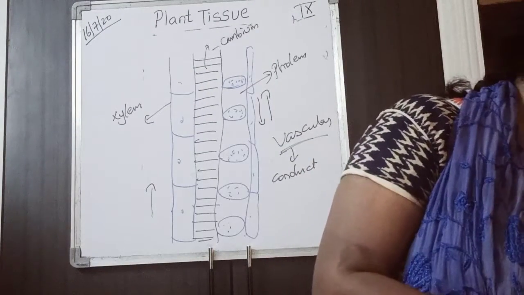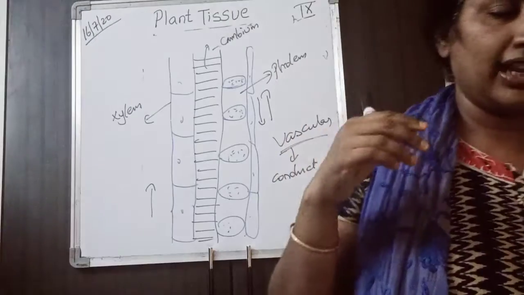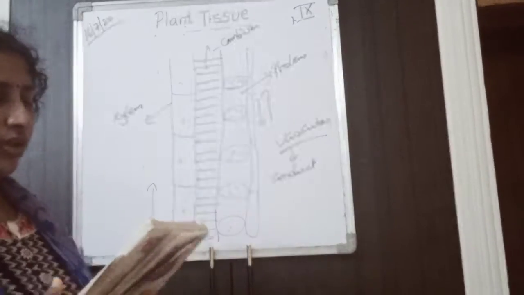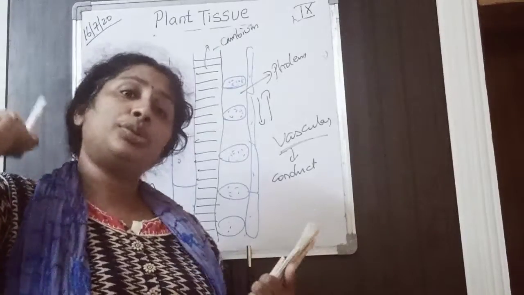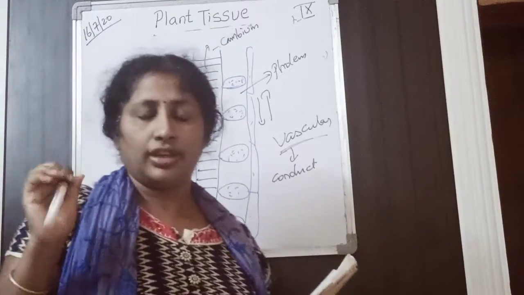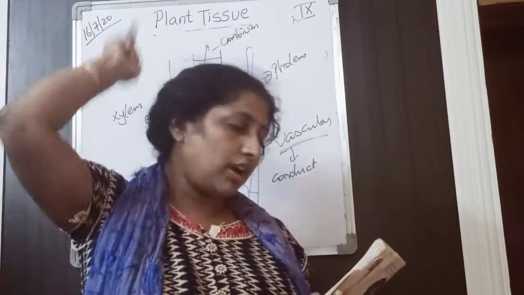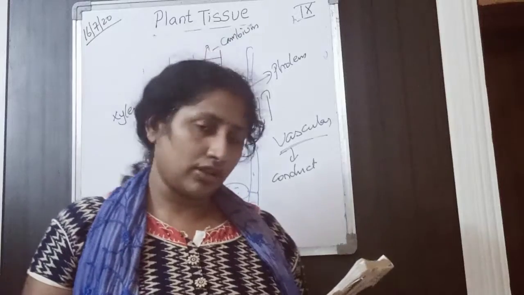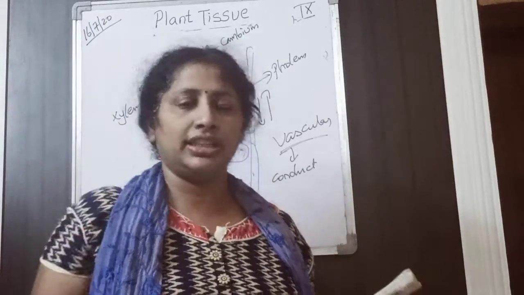Still any point left? So these xylem vessels can carry water and minerals, and even the phloem tissue can carry food up to 200 feet. Imagine the eucalyptus plant, how tall it is. Even 300 feet, like the redwood tree. These are very long tissues.